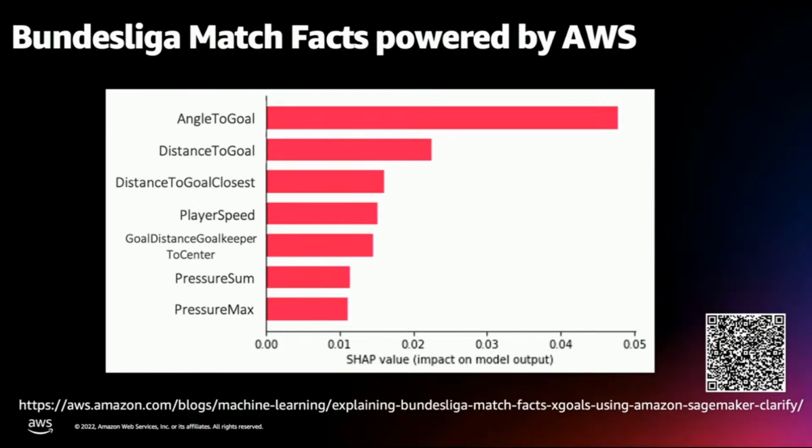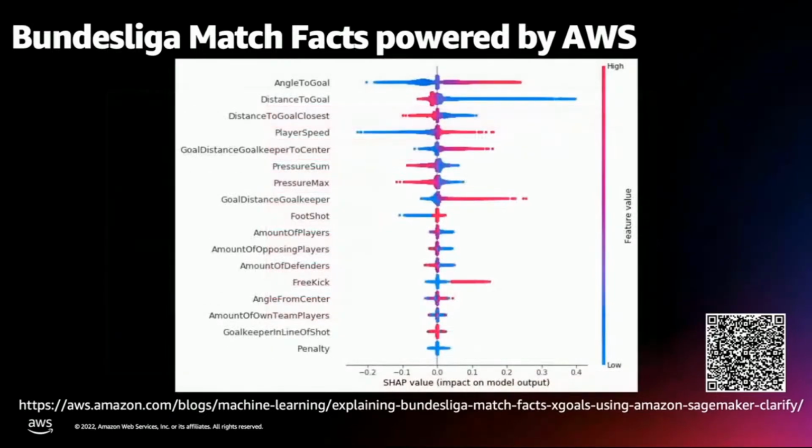Now, these general or global explanations are important because that gives us some insight as to how the model functions, but we also want to see the so-called local explainability, where for any given prediction, we would like to understand what are the factors that actually contributed to that specific prediction for this game situation. And what you see on your screen is the typical graph for SHAP values, and it's a little bit hard to interpret at first, so let me explain what you're seeing.